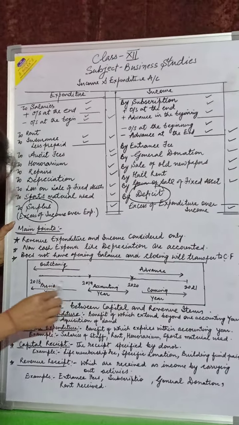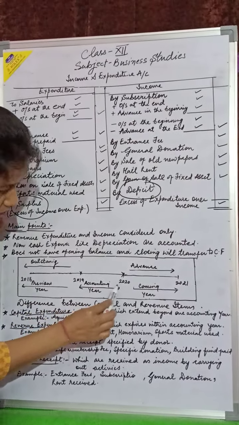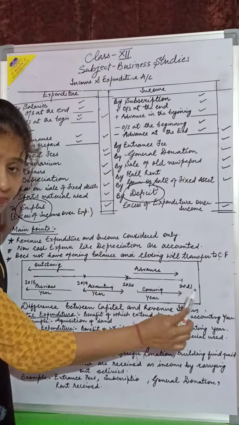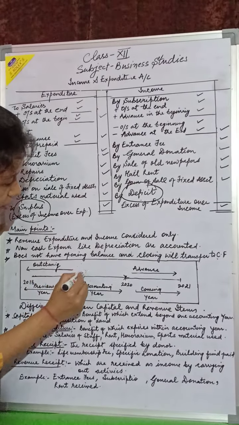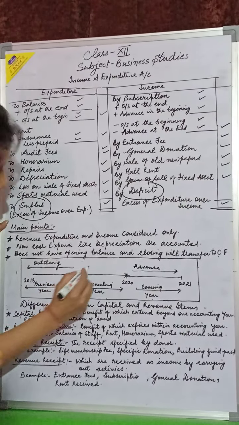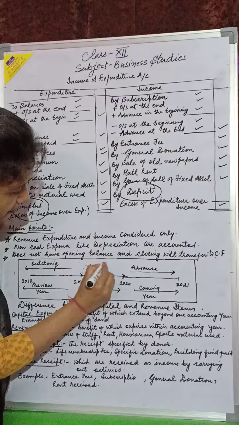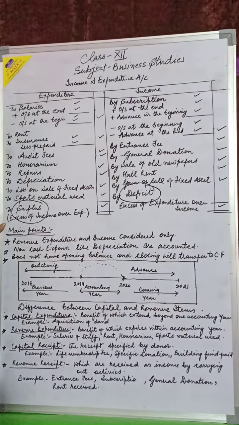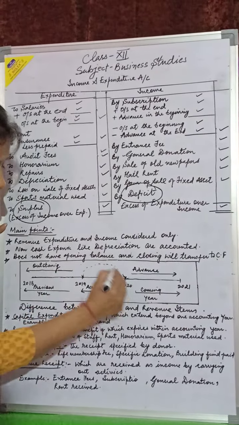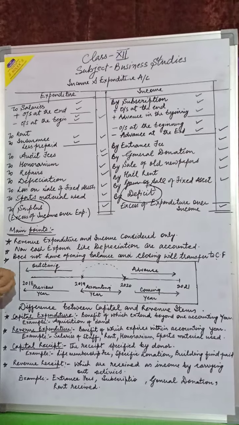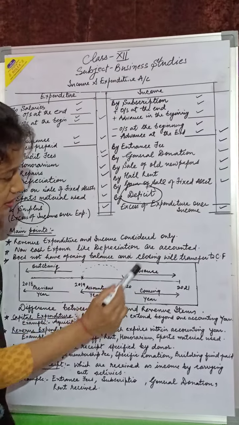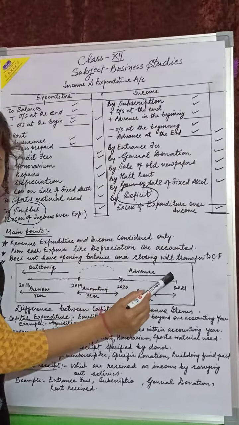This is the part of the past year, this is your accounting year, and this is your future. We are to take only the subscription of this part, meaning the current part. It means if a total subscription is given to you, you have to subtract the subscription which is given in advance.